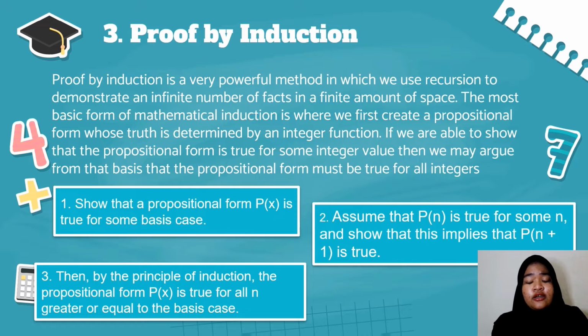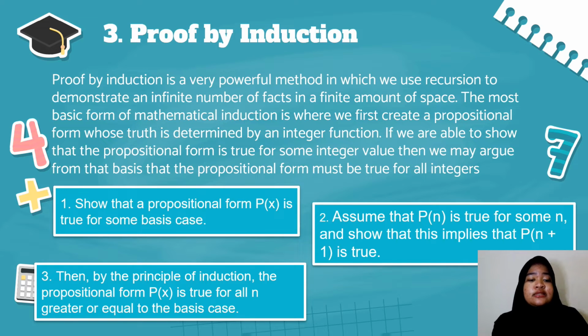If we are able to show that the propositional form is true for some integer's value, then we may argue from that basis that the propositional form must be true for all integers.